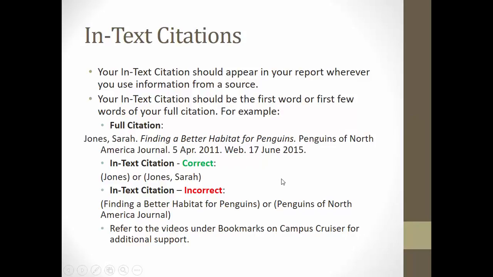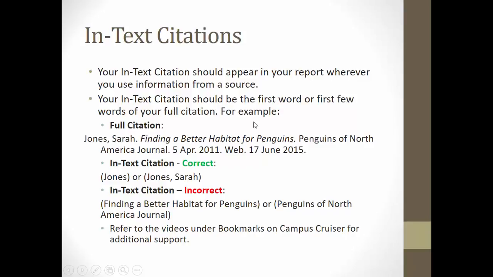So you're not thinking in terms of the author's last name being the in-text citation. Your in-text citation should match identically the beginning of your full citation. And so if it happens to be a name, you want to put that name there, right? If it happens to be a title, let's say Jones, Sarah was not here, and let's say this is how it begins, then this is what you want to put down.